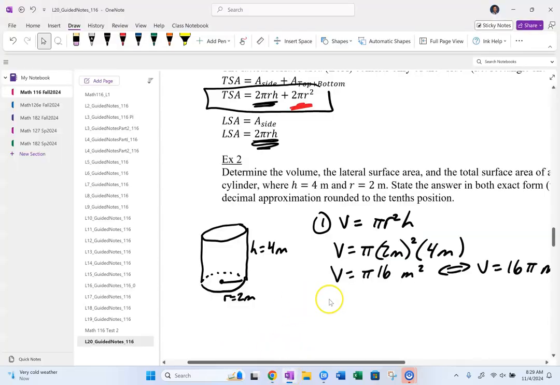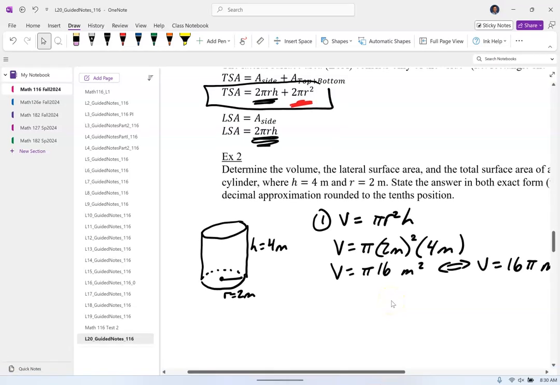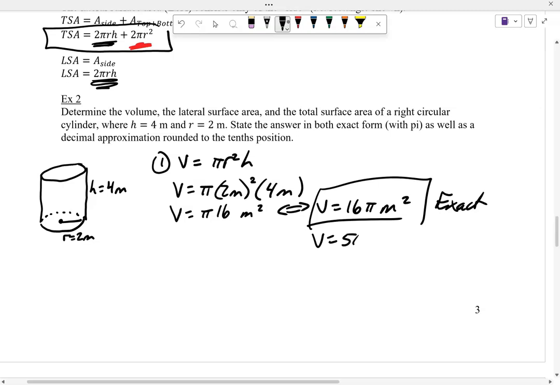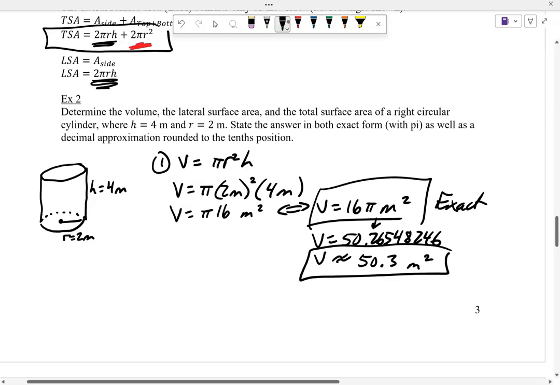I'm going to go ahead and punch that in here, and we'll round it. So there it is in exact form, and we're going to round that to the 10th position. So I look to the right of the 2 there, I look at the 6. If it's 5 or more, bump it up, right? There it is in decimal form.